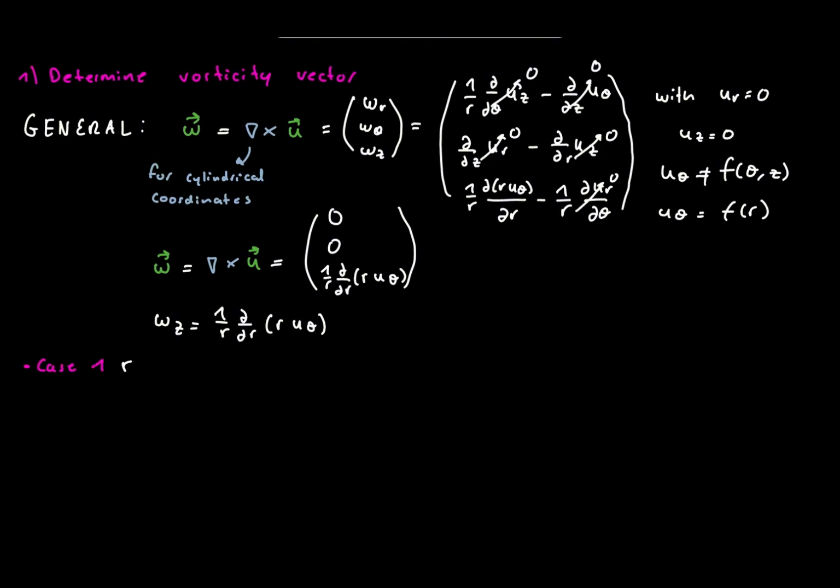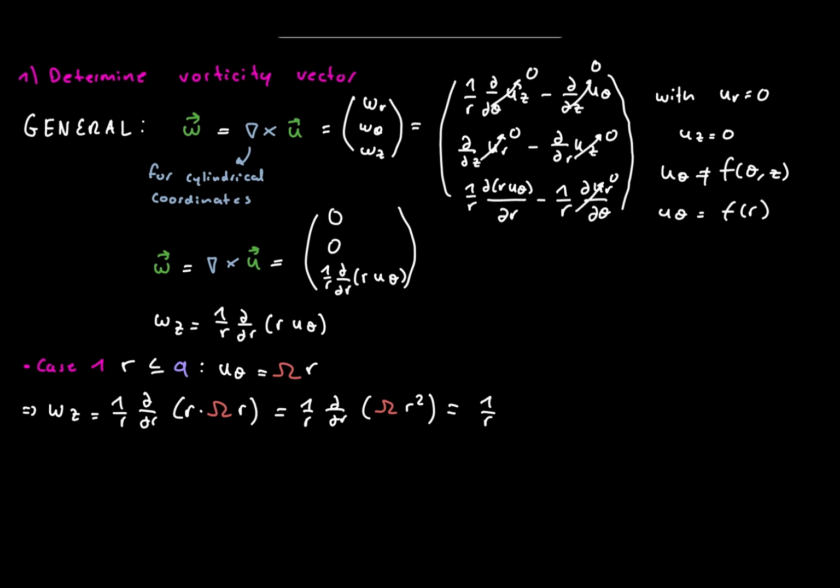We first compute this inside the vortex core. Inside the core, the tangential velocity is omega times r. Multiply by r and we obtain r times u theta equals omega r squared. Dividing by r gives omega z equals 2 omega.